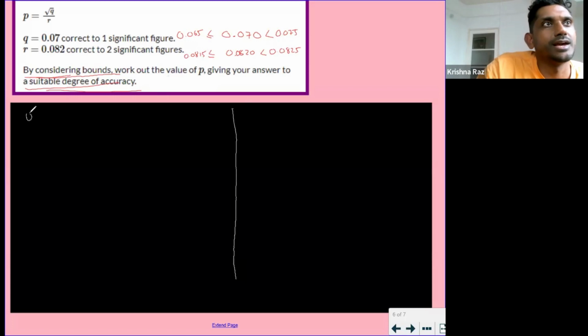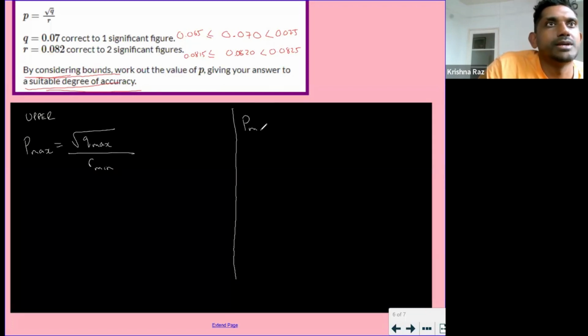Now, we're going to do both here. So if we consider the upper, we need P max will be root Q max divided by R minimum, and P min will be root Q min over R maximum.